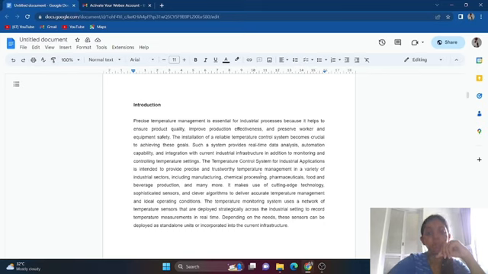Such a system provides real-time data analysis, automation capability, and integration with current industrial infrastructure, in addition to monitoring and controlling the temperature. The temperature control system for industrial application is intended to provide precise and trustworthy temperature management.